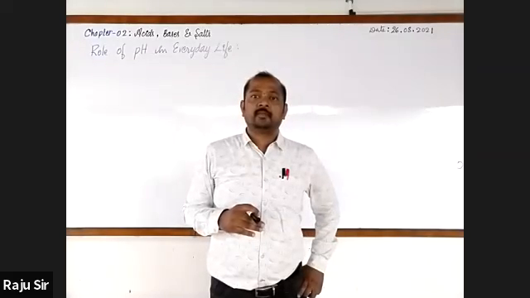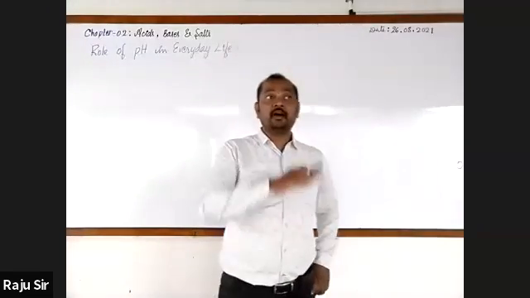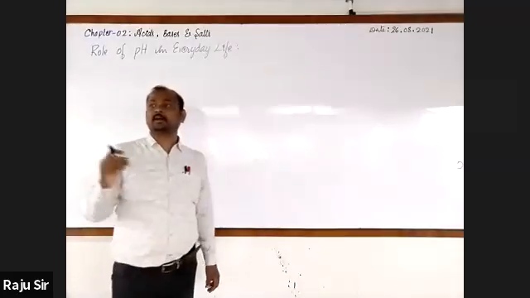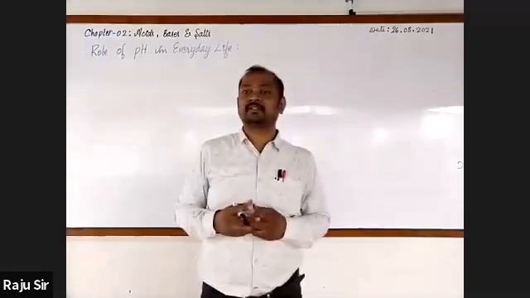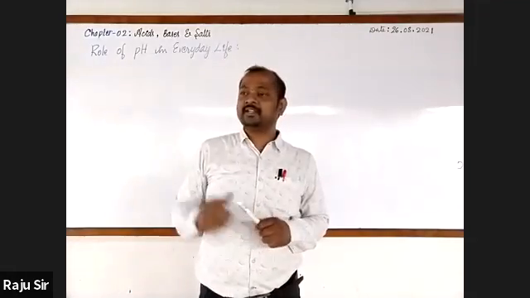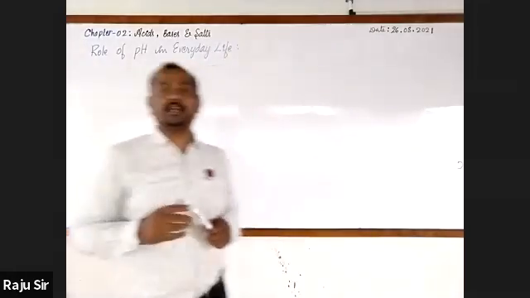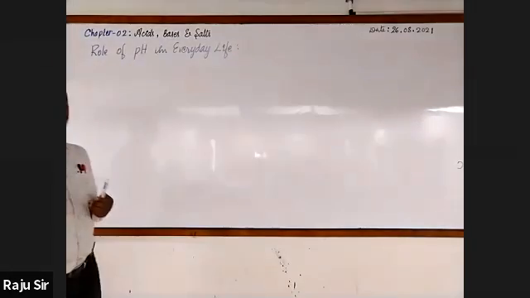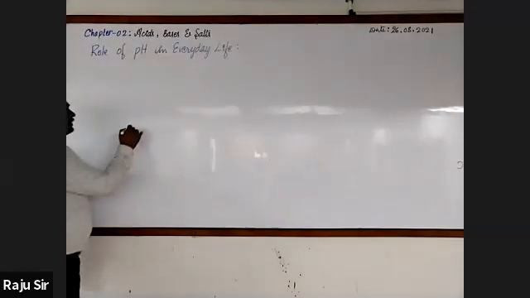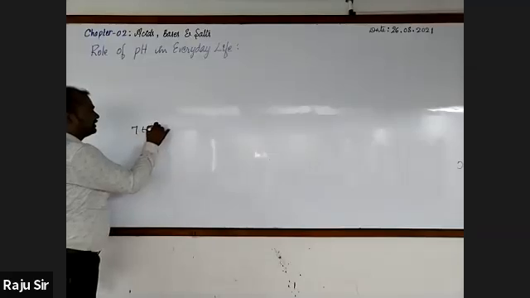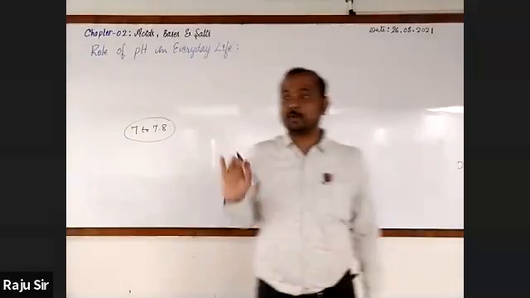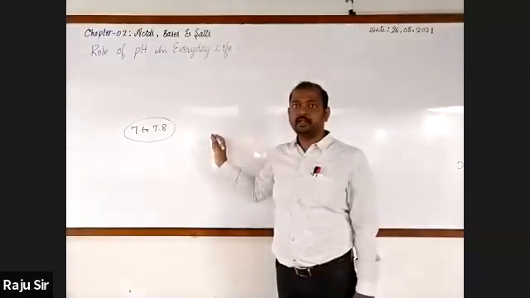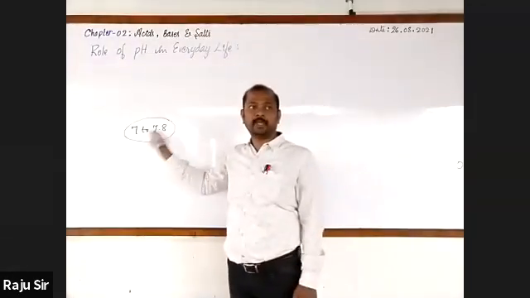On an average, it acts as a base. Whether a strong base or weak base? Weak base, because our body works well within the pH range of 7 to 7.8. 7 to 7.8 is obviously a very weak base, right?